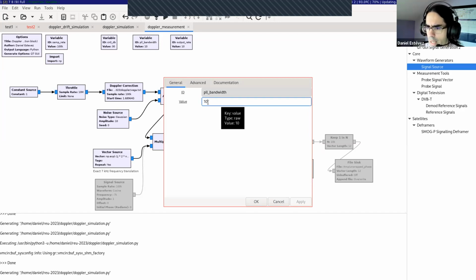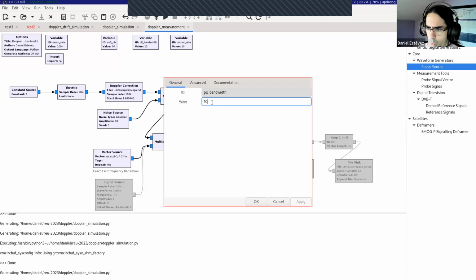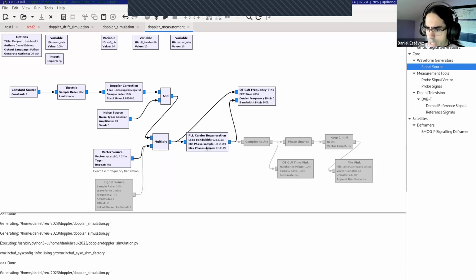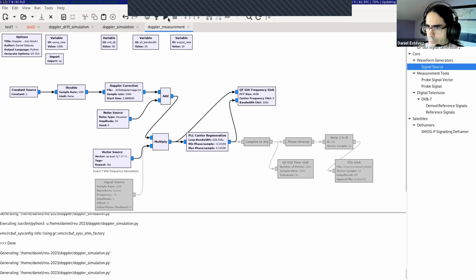With 100 hertz, maybe it achieves lock. And if you set the PLL bandwidth too low, 1 hertz, for example, you will see that this has a hard time locking initially unless you refine this and make it 7.8 kilohertz or something.